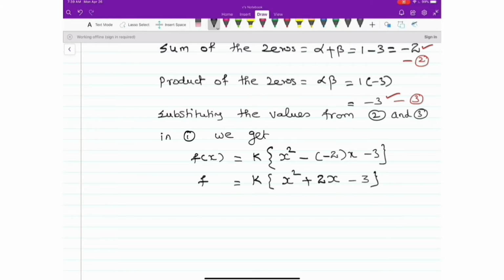This is f of x. That is a required quadratic polynomial where k is any non-zero real number.